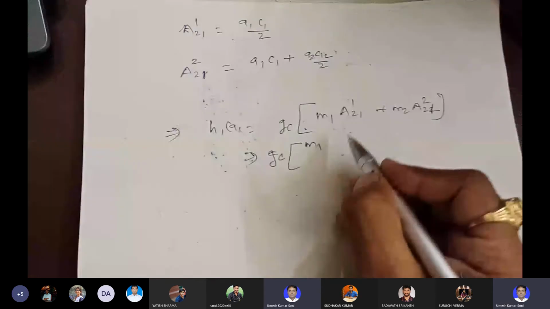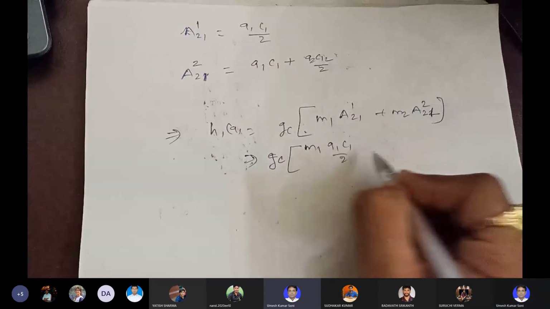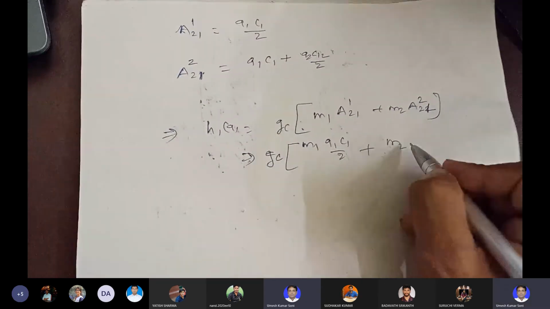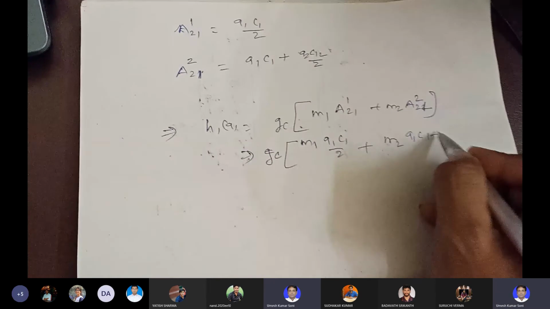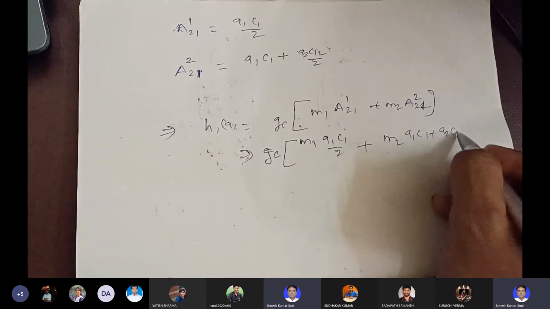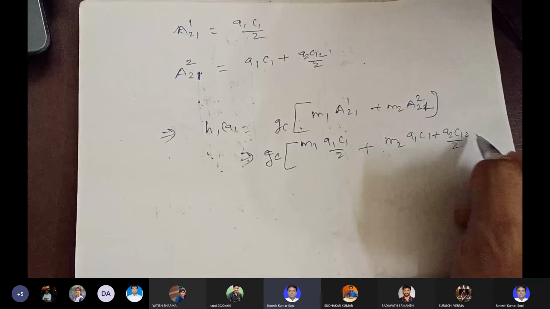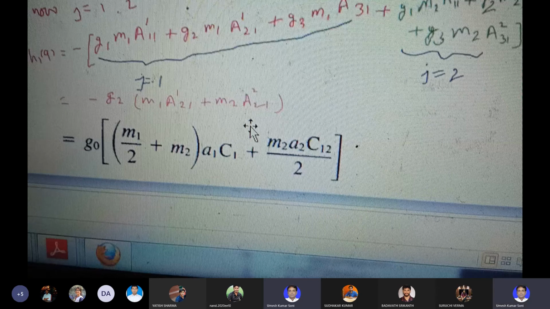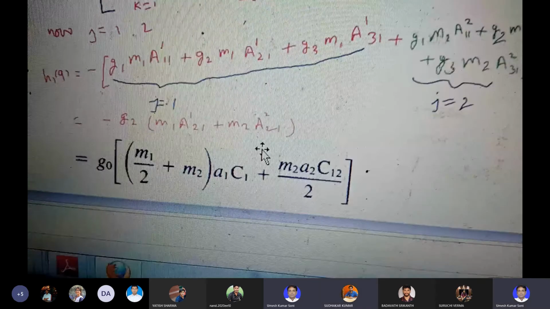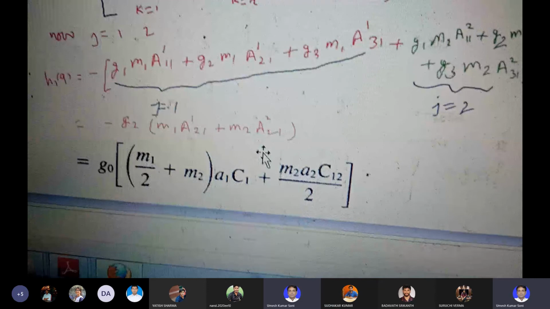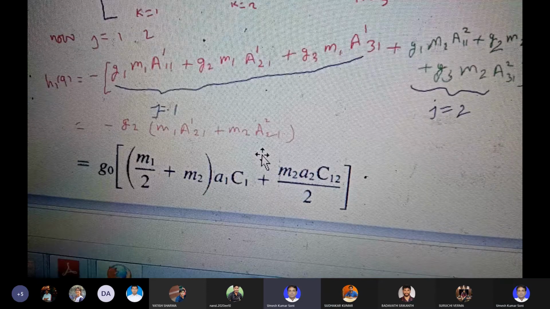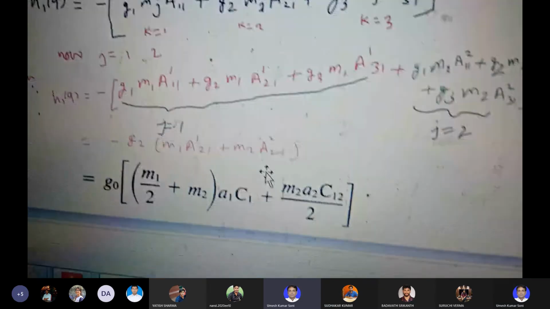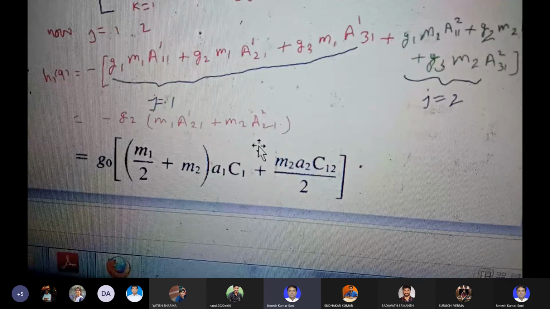Clear? Is it clear now? So here you get this equation. Is this same or not? Students, is this equation same as I have derived here or not? Yes, sir. Same, right?